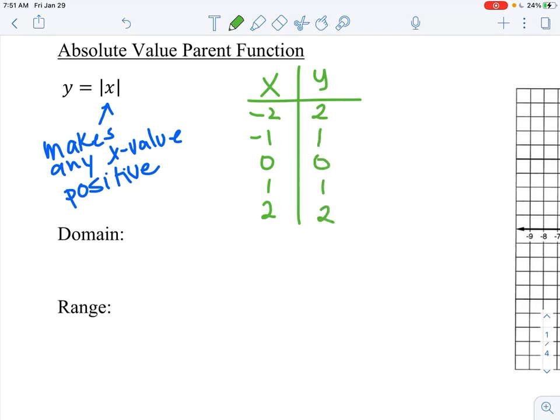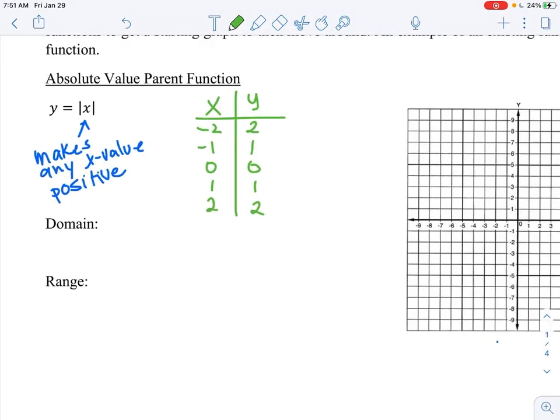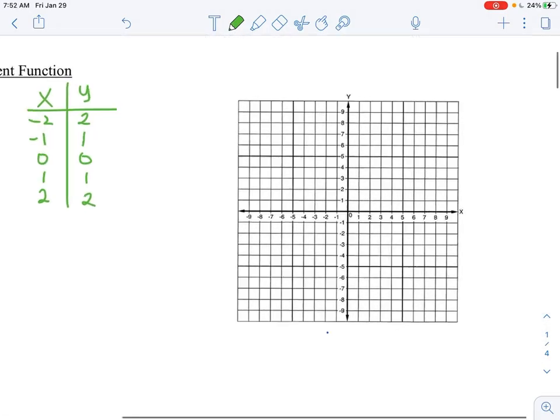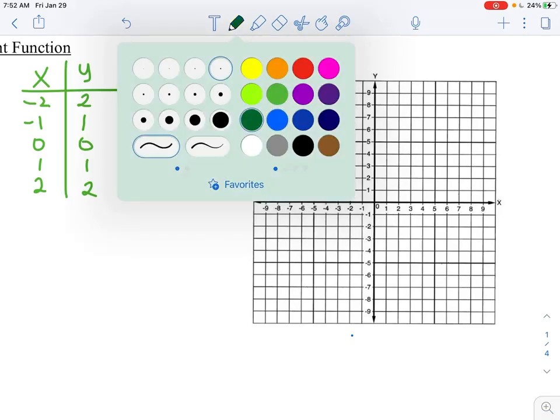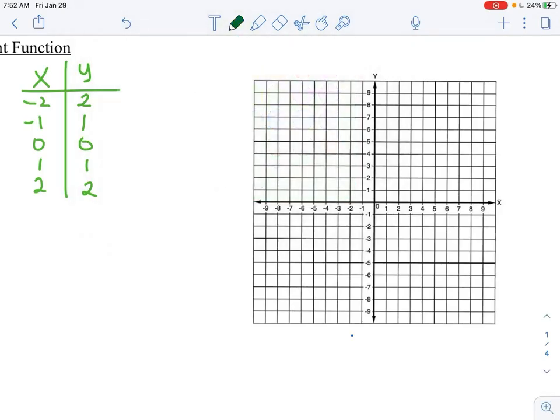The following are already positive, so they just stay the same. So let's graph these points. Okay, so I've got (-2, 2), (-1, 1), (0, 0), (1, 1), and (2, 2).